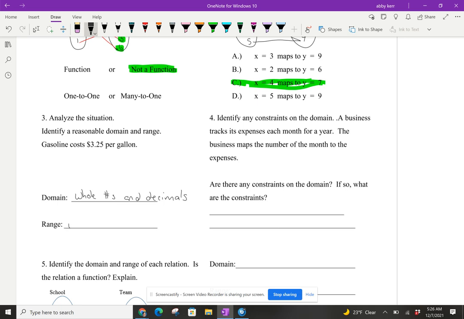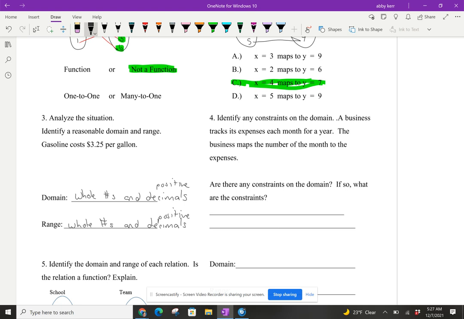And the range would also be whole numbers and decimals. I guess I should say positive decimals, because you can have $3.25 worth of gas, you can have $6 of gas, you can have $7.80 worth of gas.